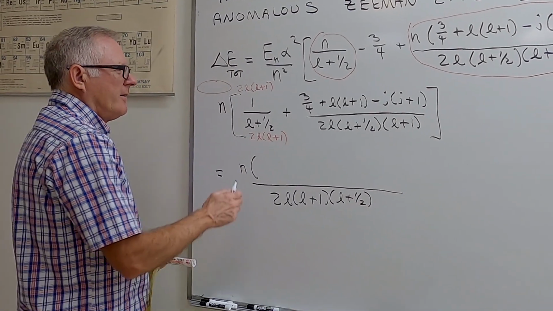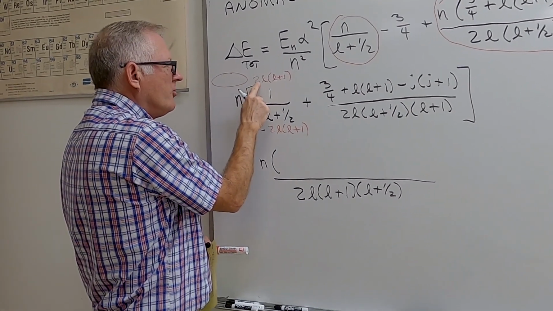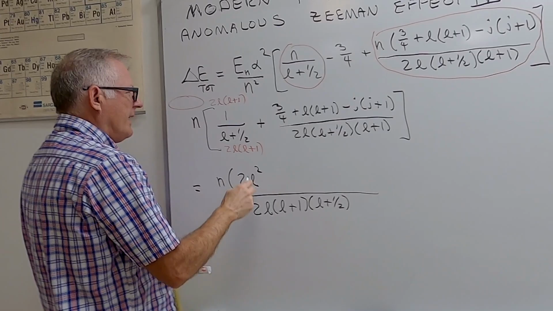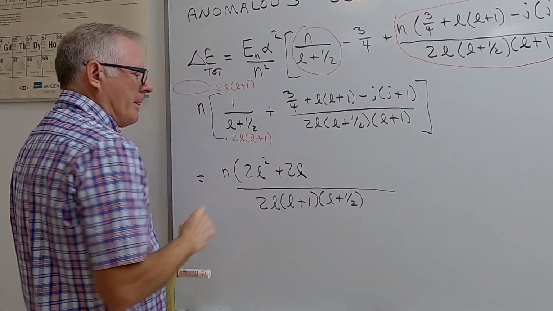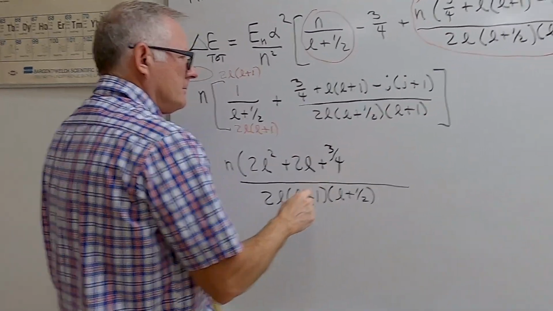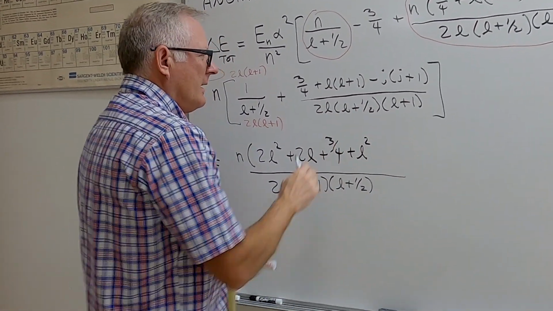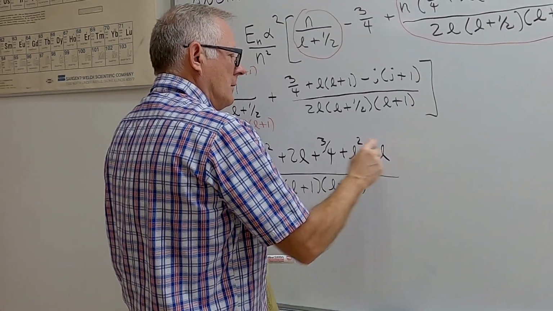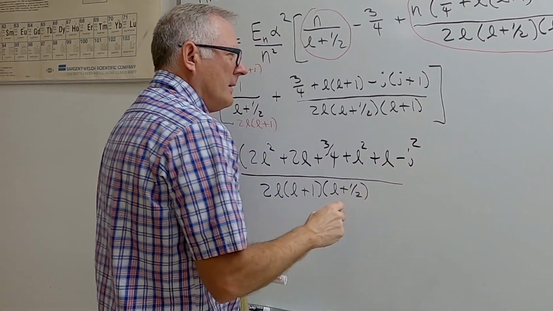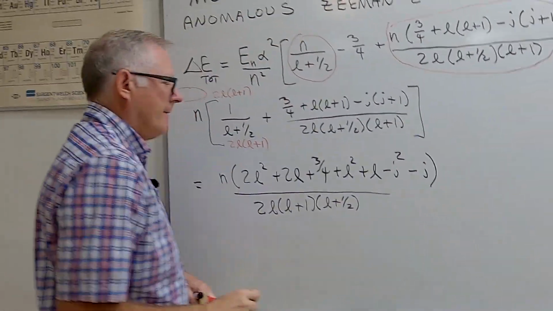Okay, and then in the numerator, if I were to multiply this thing out, the first term would be 2L squared, and then plus 2L, and then plus 3/4, and then plus L squared, and then plus L, and then minus J squared, and then minus J. Okay.